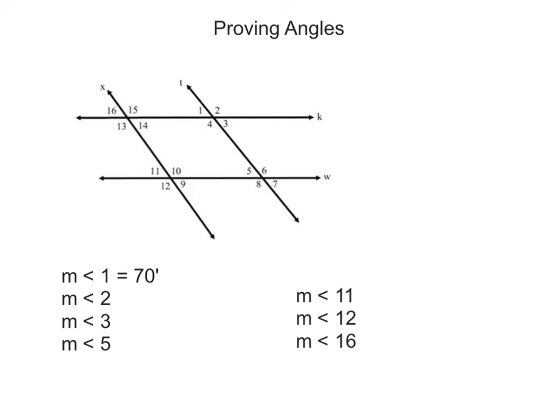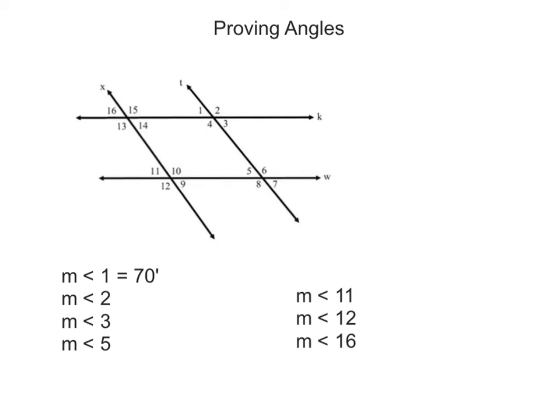These angle relationships prove very helpful when determining angle measures when only given a small amount of information. For example, if they give you that the measure of angle 1 is 70 degrees, you can figure out every single angle on this image. To start, angle 2.